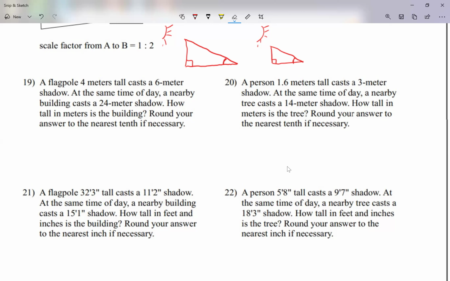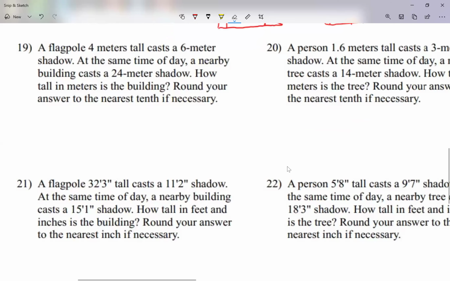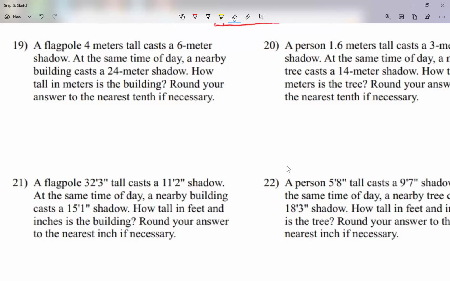19 and 20 are going to be in the metric system. The metric system, some people hate it, but it's easy to work with. We work with decimals, so we're going to work on this first. There's a flagpole 4 meters tall that casts a 6-meter shadow. So when I think of this, here's the flagpole.